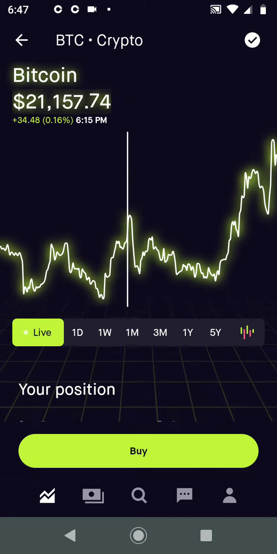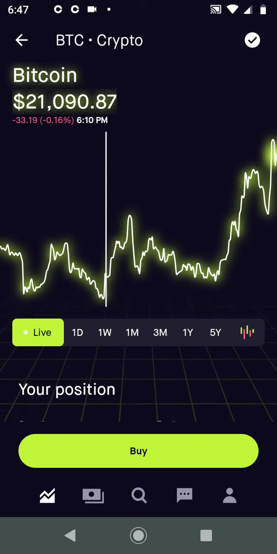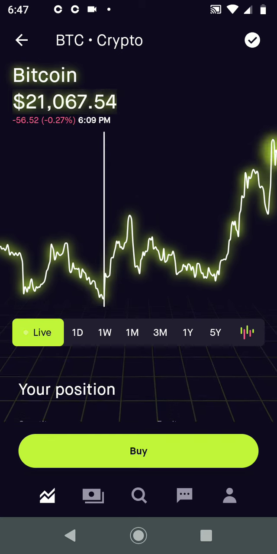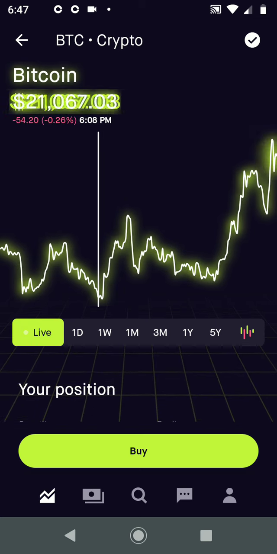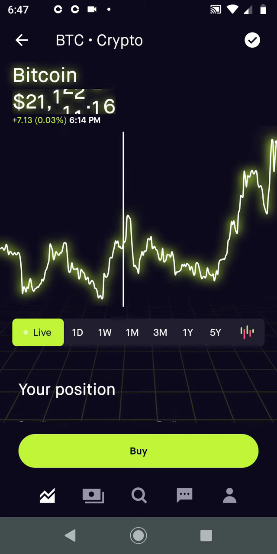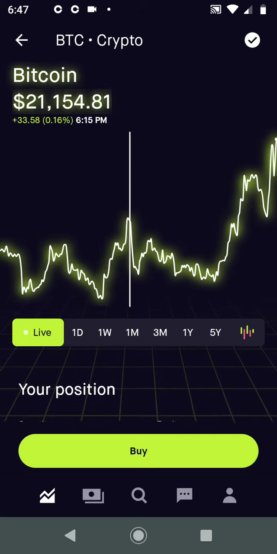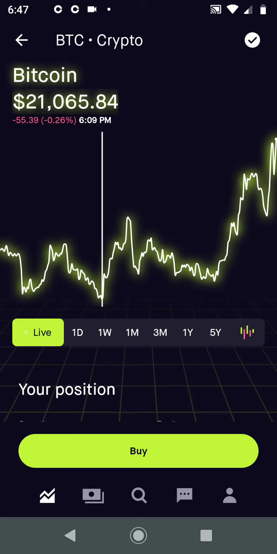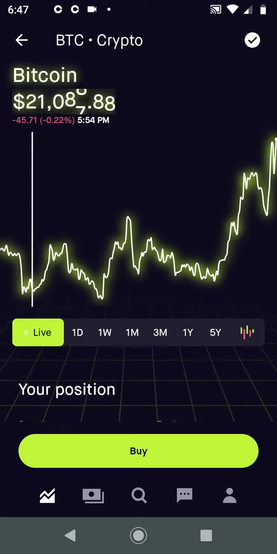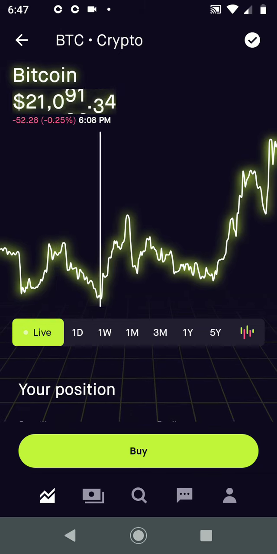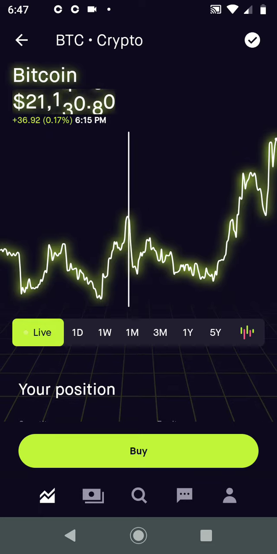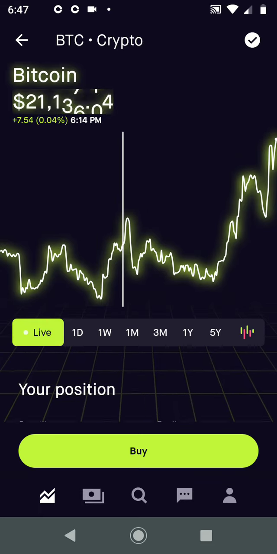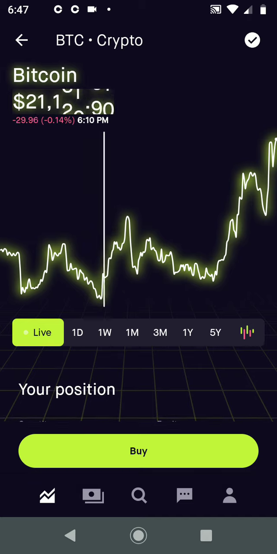Let's say you got in right here and you put in $100, you would have like 38 cents. I'm using $100, because of course when I day trade I put in more than that, but let's say $1,000. So if you had $1,000 in that little short window right there, you would have made $3.80. Okay, so that's a little bit better.